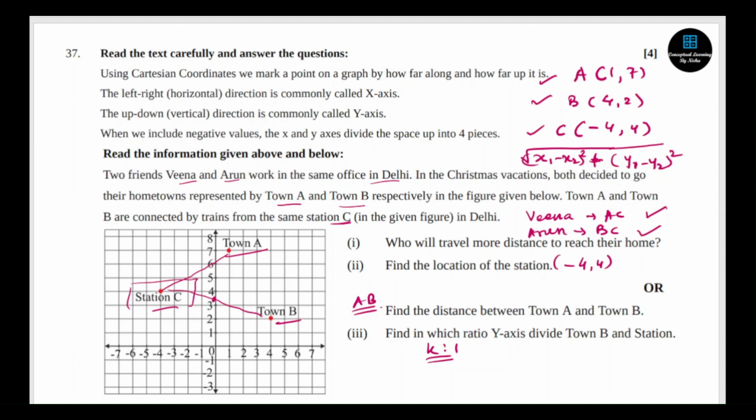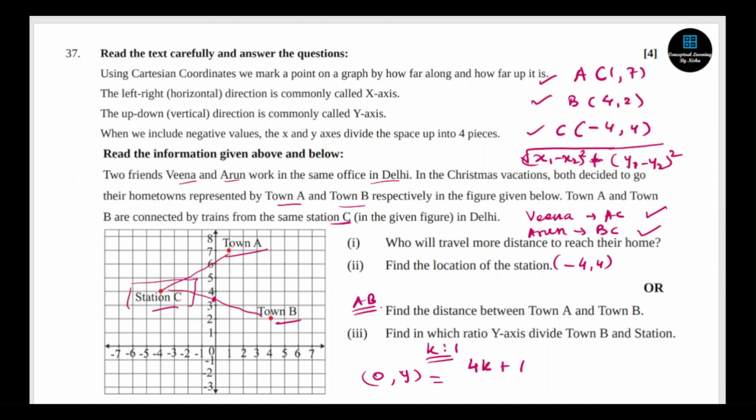So the point is 0 comma y. Now you can use the section formula. B is 4, so 4k plus 1, you have to take this.